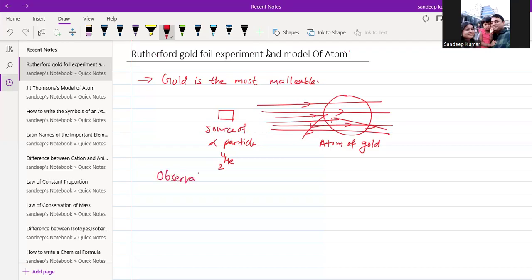You can write the observations of the Rutherford gold foil experiment.